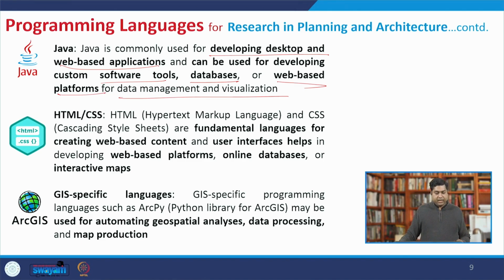Now, HTML and CSS. HTML stands for hypertext markup language, and CSS for cascading style sheets. They are fundamental languages for creating web based content. If you want to develop a website or a dashboard, or some user interface design, you can use them very effectively. Say for example, you are conducting a survey, you can develop it using these.